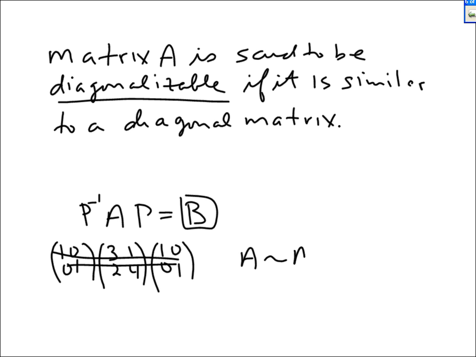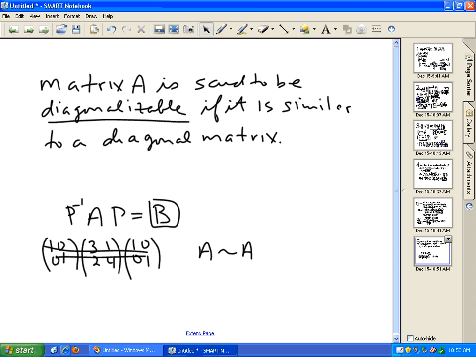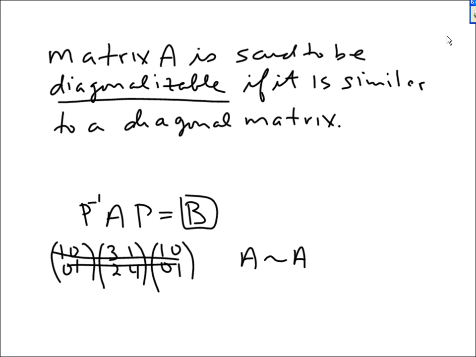We know that A is similar to A. And if A is not a diagonal matrix, well, A is similar to one then. So to remake that statement, since A is similar to A, and A doesn't have to be a diagonal matrix, like 3, 4, 1, 2, which is not a diagonal matrix, is similar to 3, 4, 1, 2.